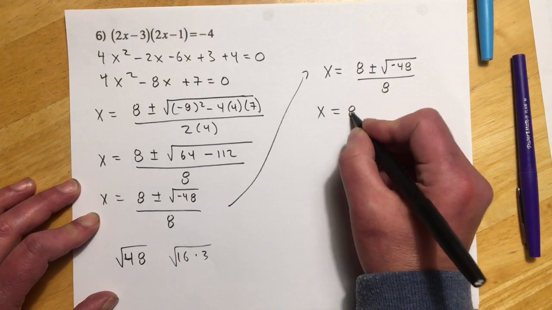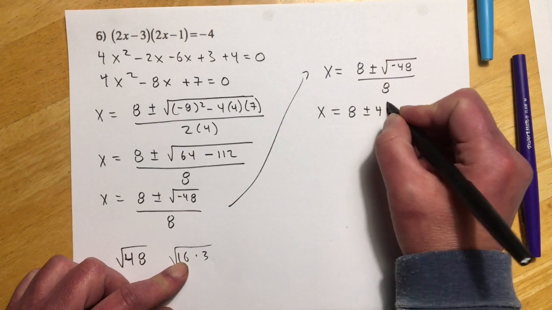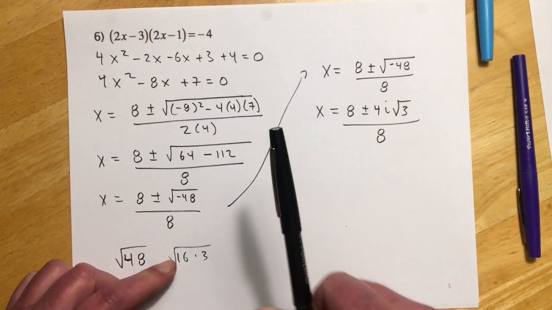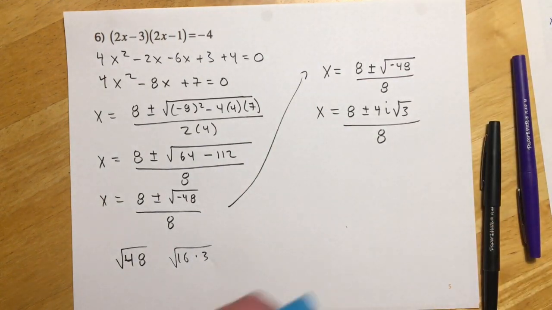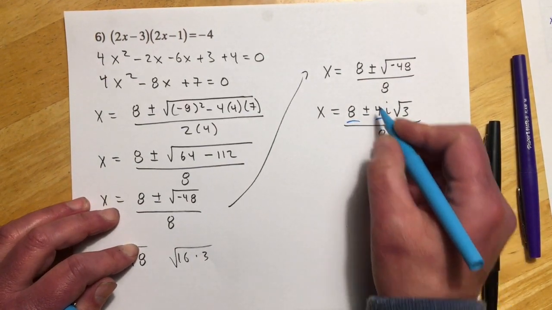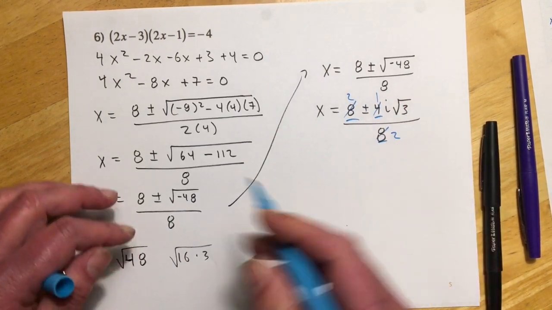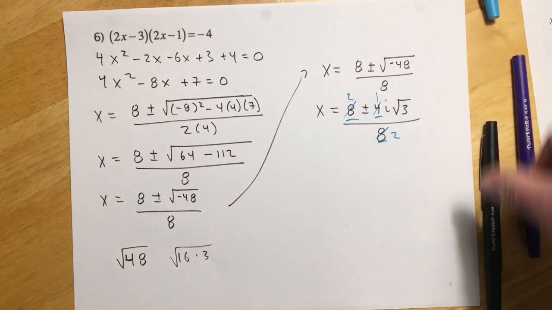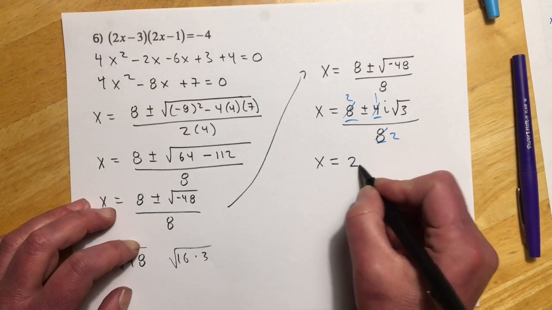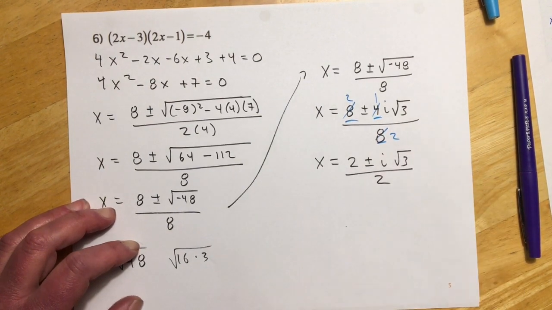So x equals 8 plus or minus, now I'll bring out my 4, the negative brings out an i, and 3. And this one also reduces, everything is divisible by 4, so we'll go 4 into 4 once, 4 into 8 twice, 4 into 8 twice. So that gets us x equals 2 plus or minus i root 3 all over 2.